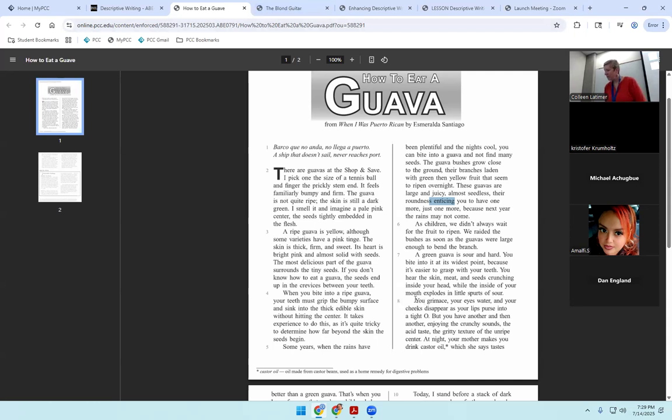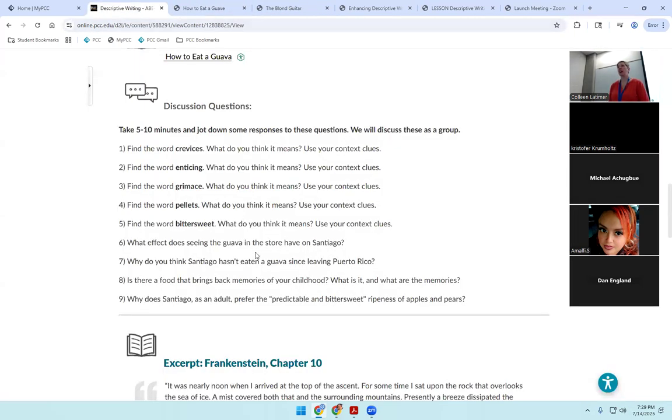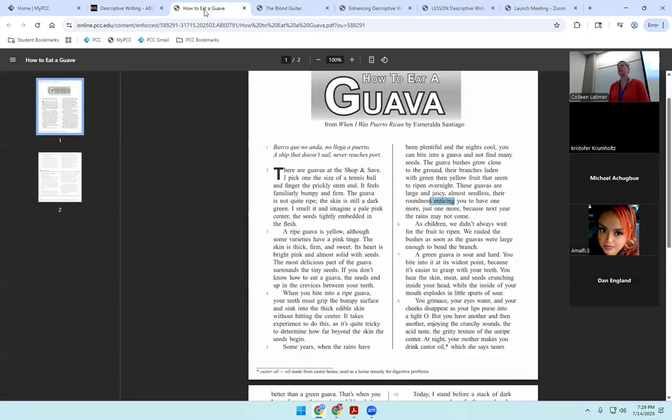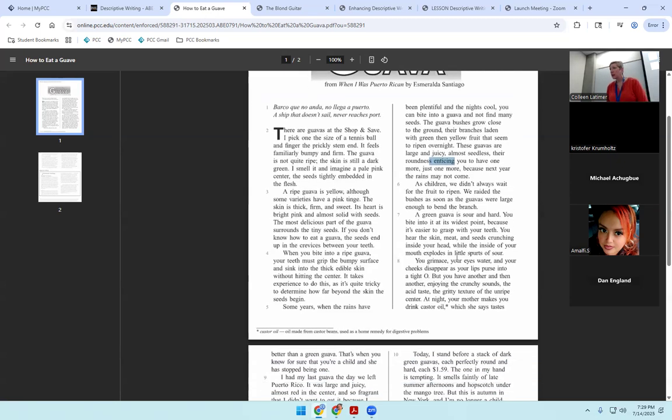Excellent. Okay, the next word they're asking about is grimace. And we can find grimace down here in 8. "You grimace, your eyes water, and your cheeks disappear as your lips purse into a tight O." What do we think grimace is?